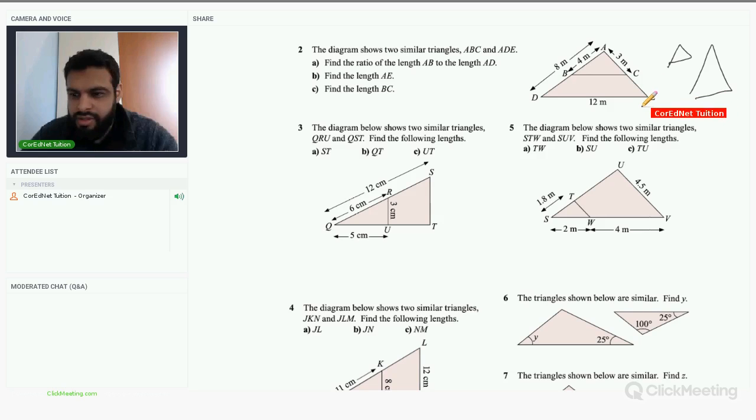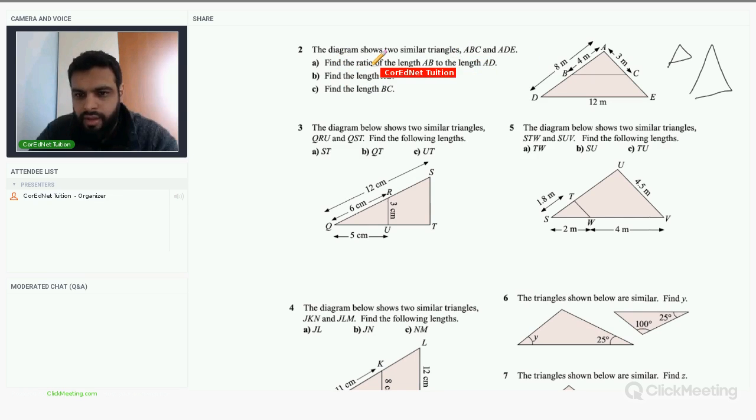So we've got these 2 triangles here. Find the ratio of the length AB to the length AD. So you can see what the ratio is going to be. AD is going to be double AB, yeah? So therefore we can work out what BC is.